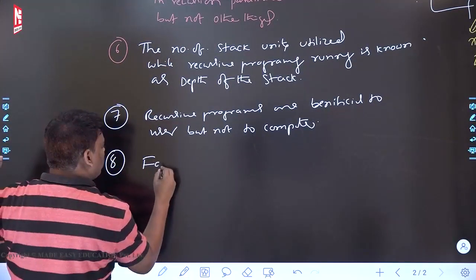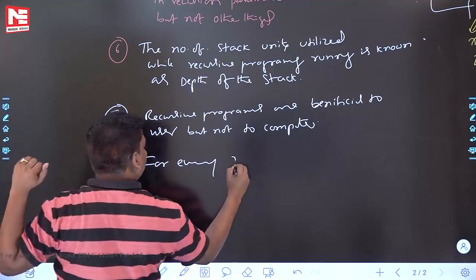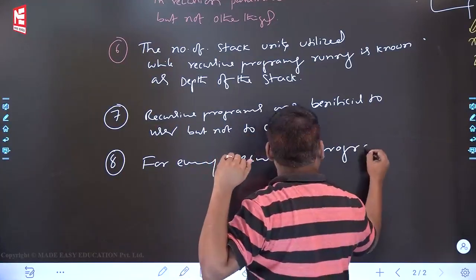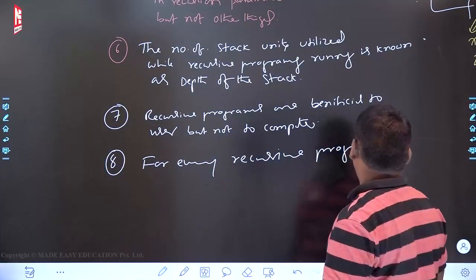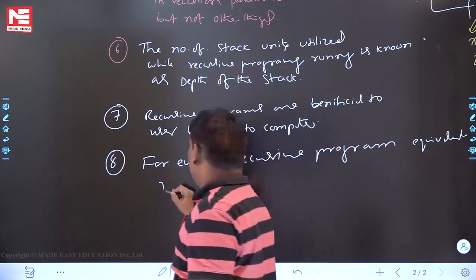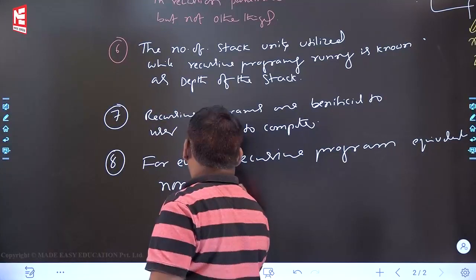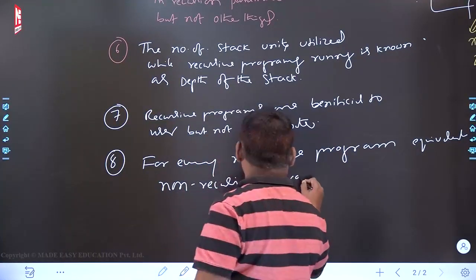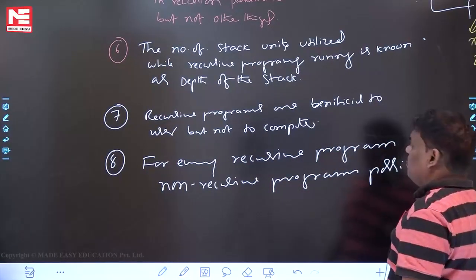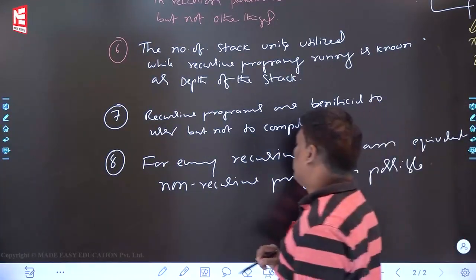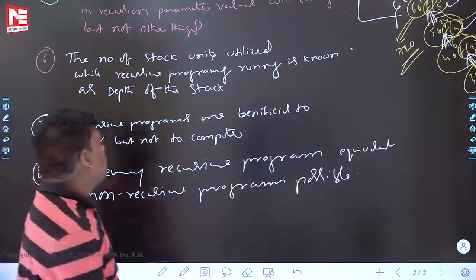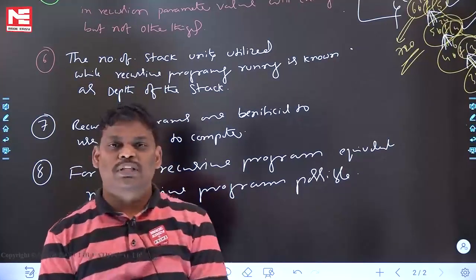For every recursive program, an equivalent non-recursive program is possible. Right? Please be careful. For every recursive program, an equivalent non-recursive program is possible. That is fine.